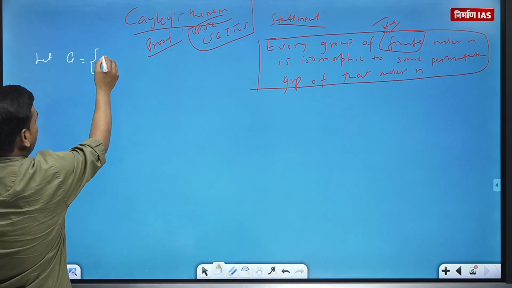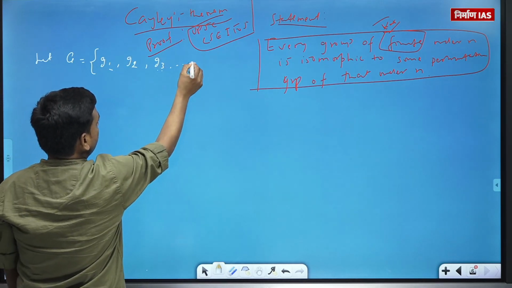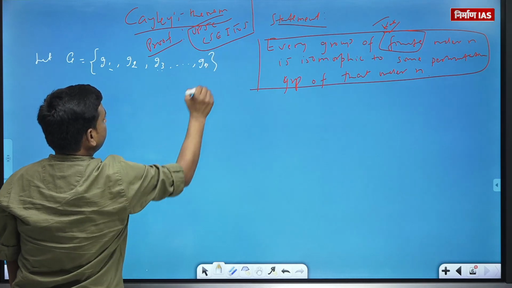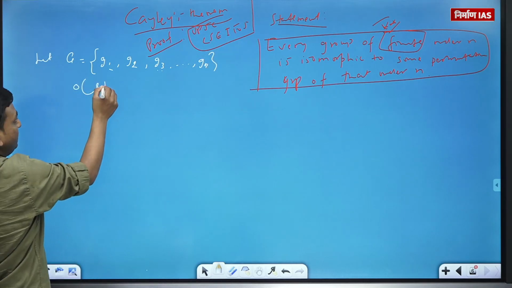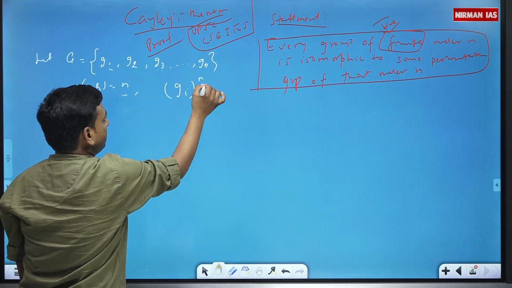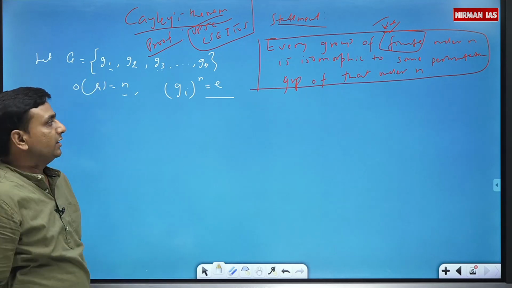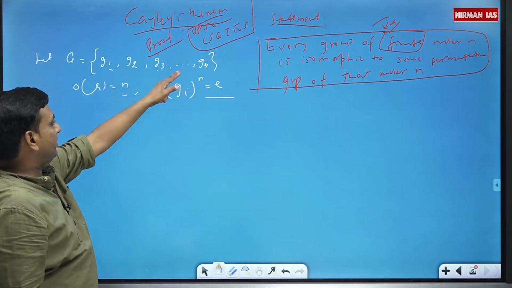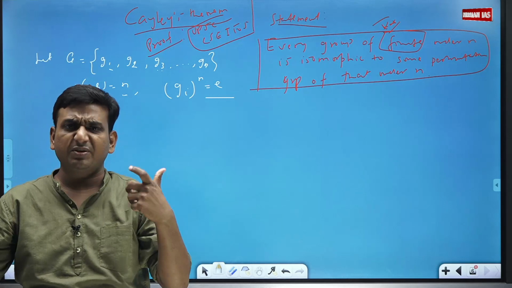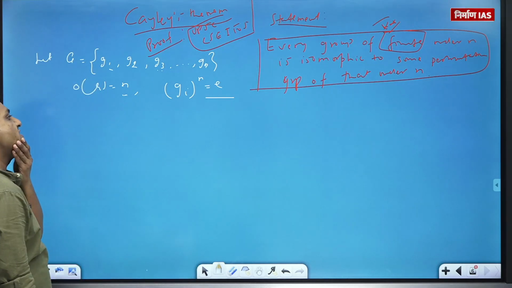Let G be a group of order n with elements g1, g2, g3, ..., gn. Order of G is n, meaning any element, if you compose it n times, you will get the identity element of G. e will be some element among the gi, just the representation of the identity element of this group. Is that clear?